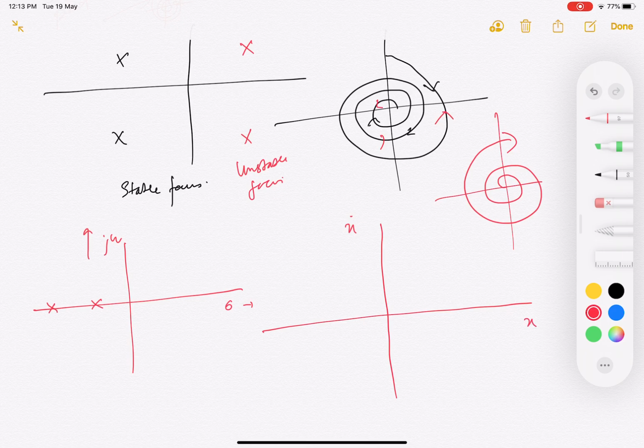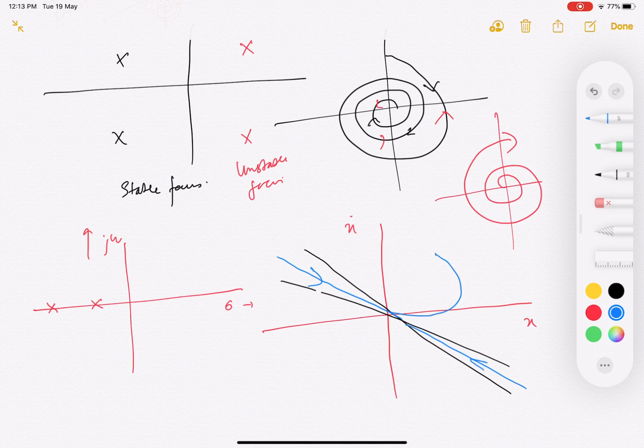It's coming in from here, coming in from infinity kind of, and going to 0.